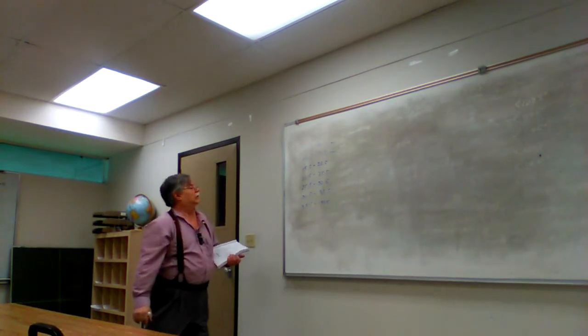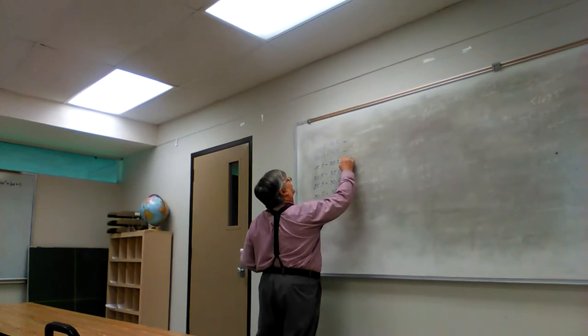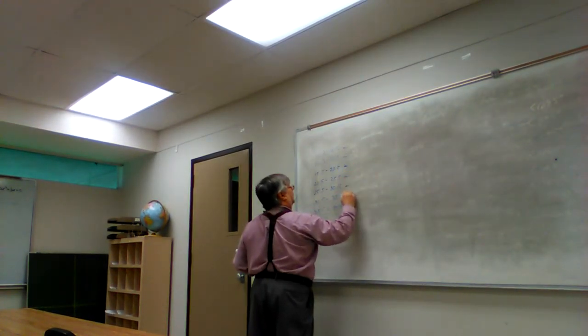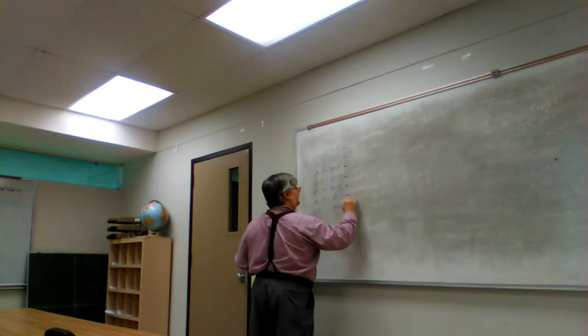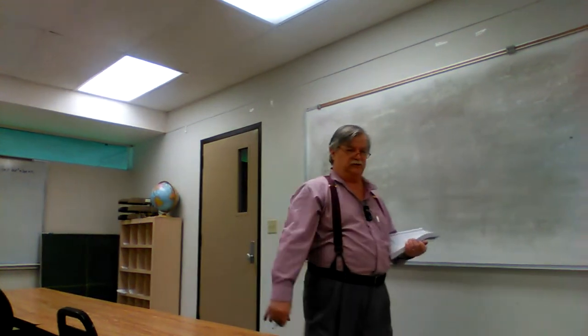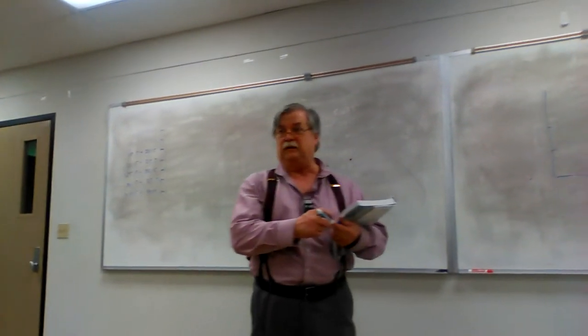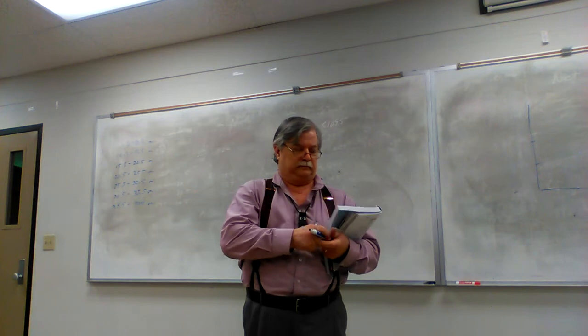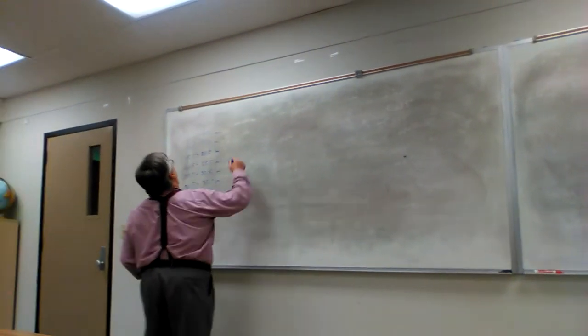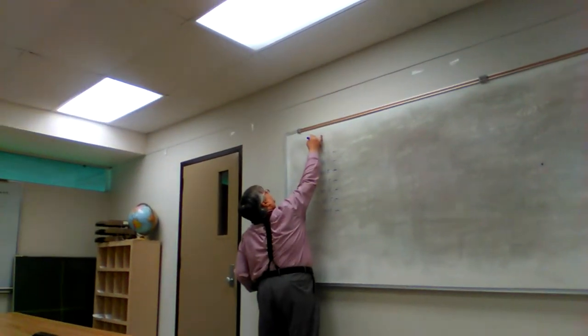And that gives us a total up to 40.5. I'm abbreviating miles MI instead of just M so as not to confuse it with meters. Now these are our class boundaries.